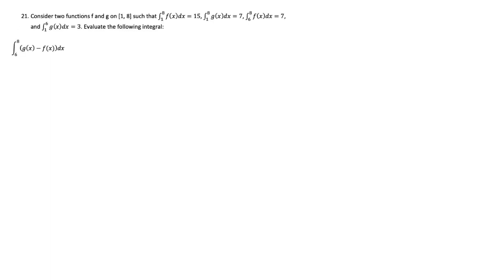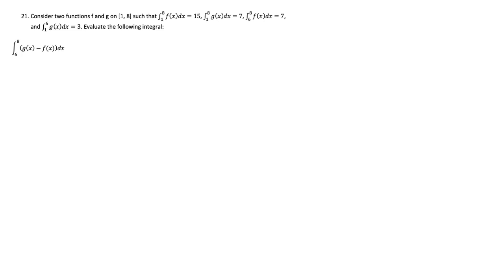Consider two functions f and g on the closed interval 1 to 8, such that the integral from 1 to 8 of f of x is 15, the integral from 1 to 8 of g of x is 7, the integral from 6 to 8 of f is 7, and the integral from 1 to 6 of g of x is 3.